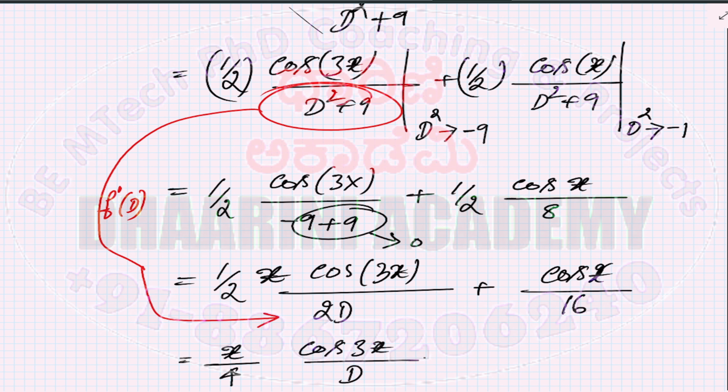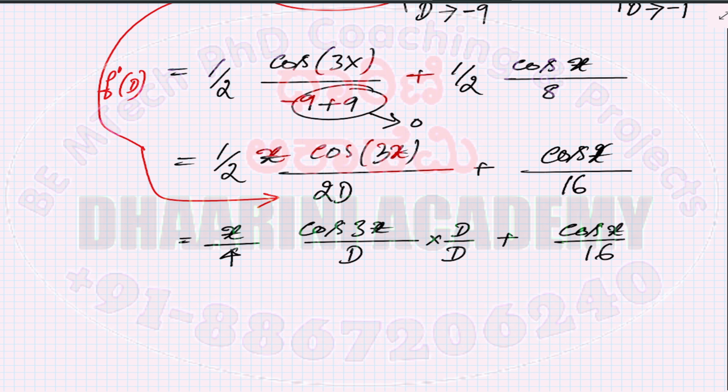Now in order to cancel this d, I'll multiply by d and I'll divide by d. The same thing, right? Because I need a d square in the denominator somehow. Without that, I cannot do this. So this is plus, the second part is cos x by 16. That will remain as it is, no change with that.